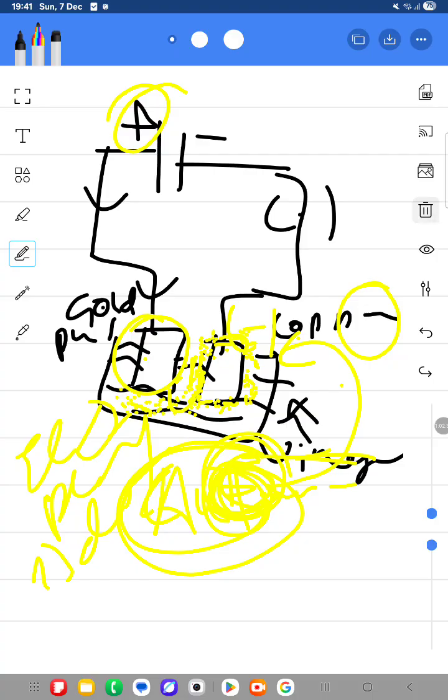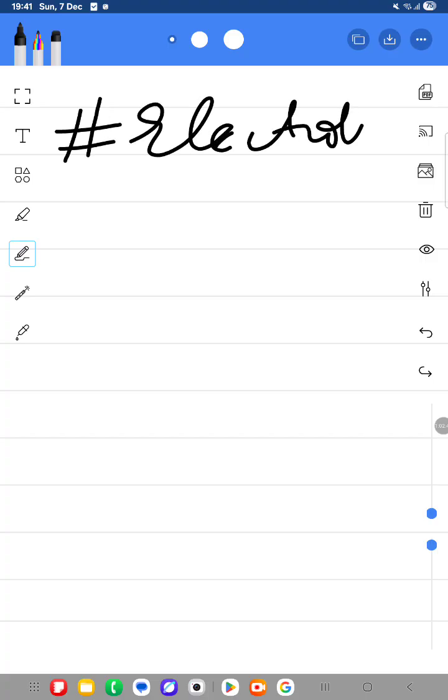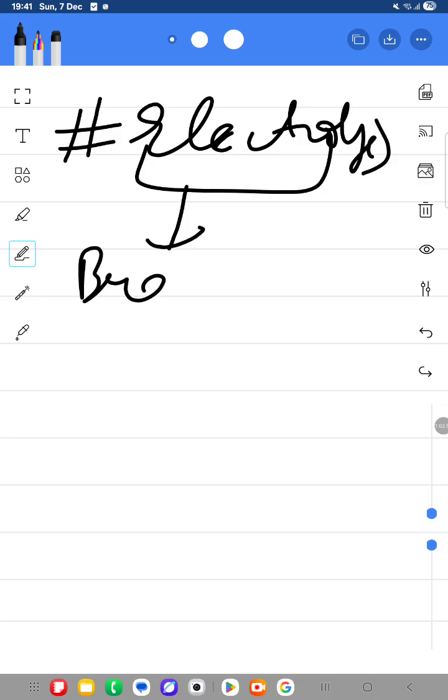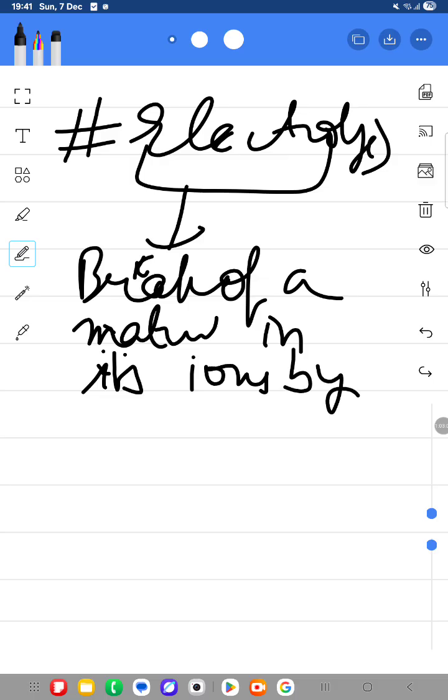So coming towards the main experiment, electroplating. Firstly, another thing: what is electrolysis? Electrolysis is also important. Electrolysis means breaking of a material into its ions by electricity.